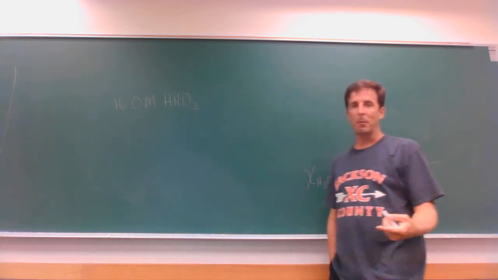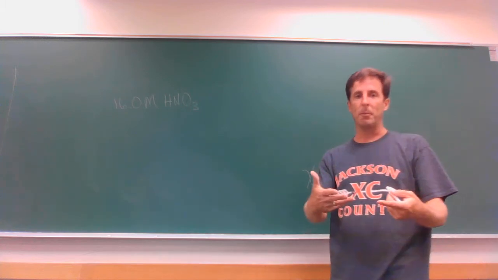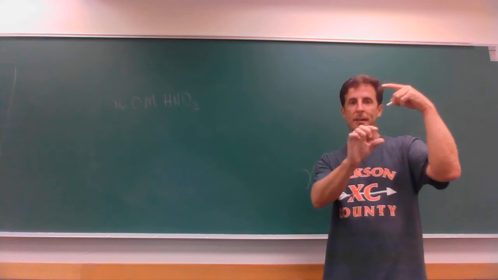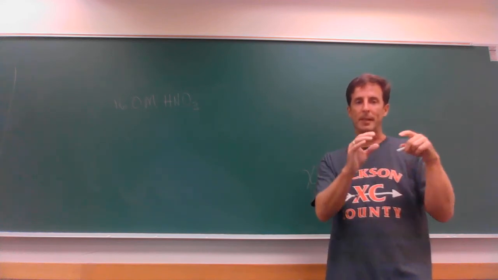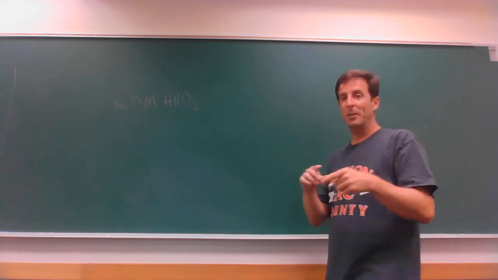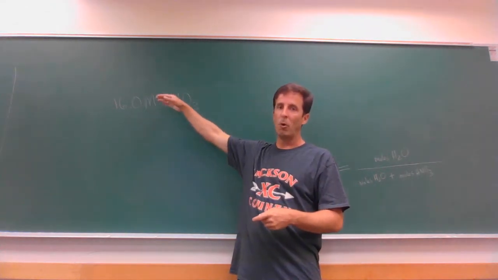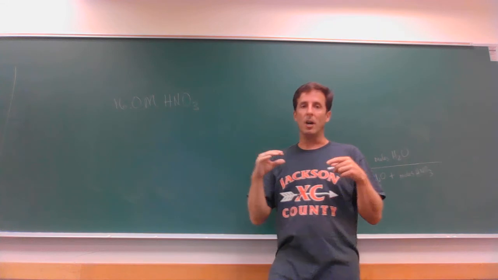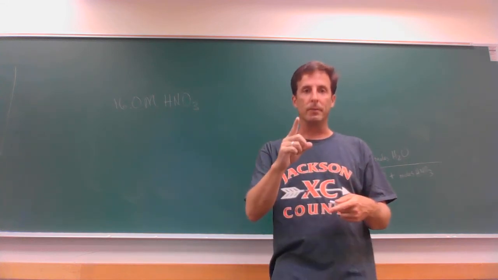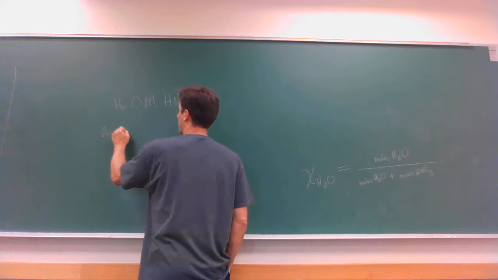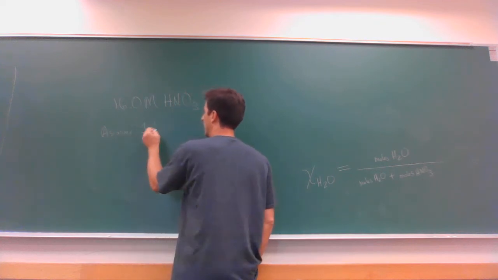Now in the last problem, I made an assumption to start, since I was dealing with percentages: I looked at the denominator and decided to start out with 100 grams because that matches up with the percentages. I'm going to do the same thing here. If I have molarity, that means it's 16 moles per liter. I'm going to assume 1 liter of solution.